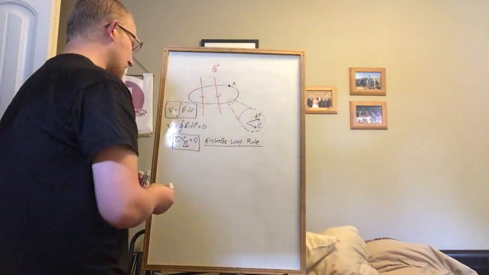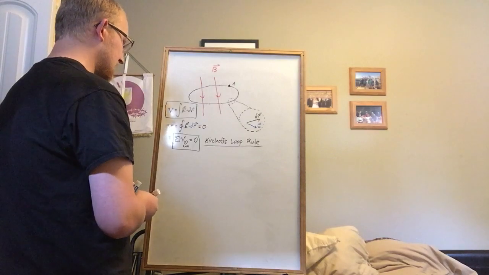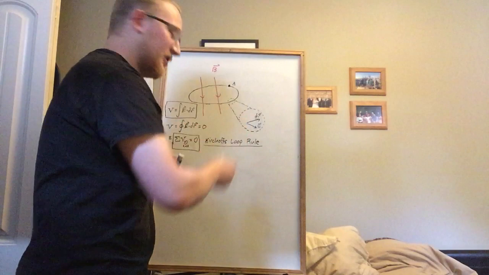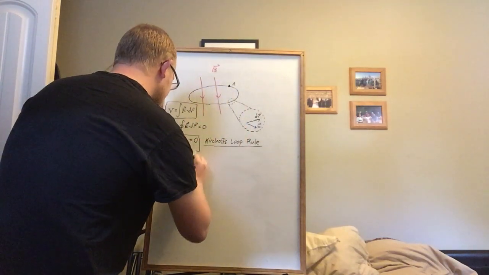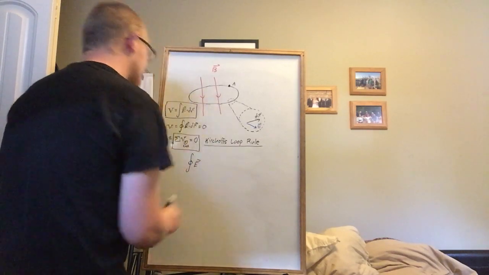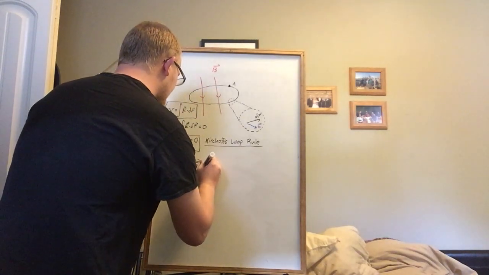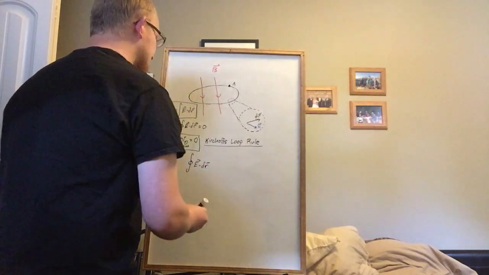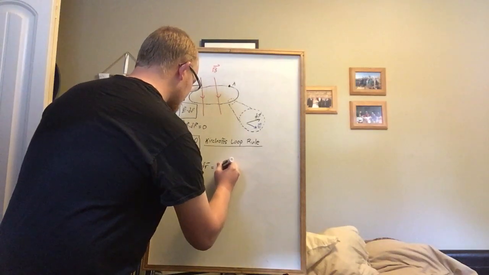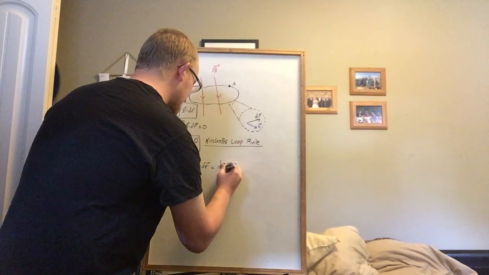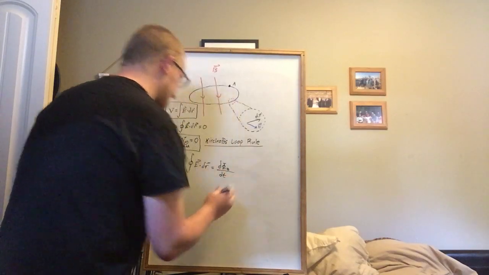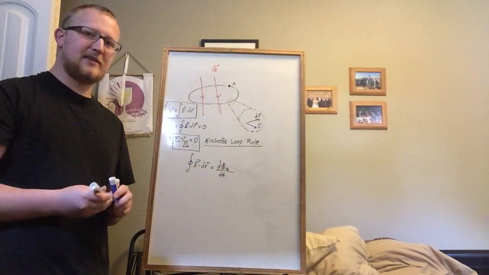And so now there's another term, and we move it to the right side. So now the sum of the E dot dr's in a loop is no longer equal to 0 like Kirchhoff says it is. It's now equal to the change in the magnetic flux with respect to time.